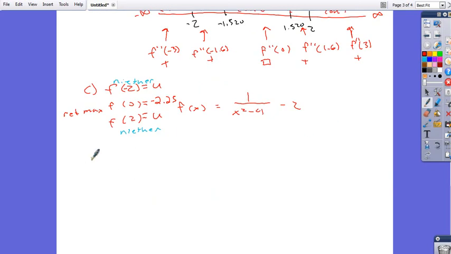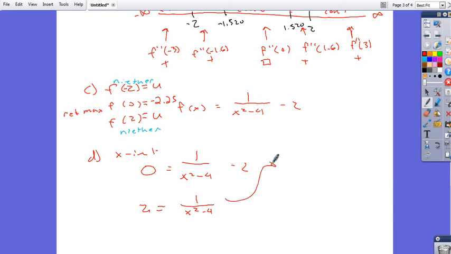D, x intercepts make y 0. So 0 equals 1 over x squared minus 4, minus 2. Add 2 to both sides: 2 equals 1 over x squared minus 4. Then I can multiply both sides by x squared minus 4.